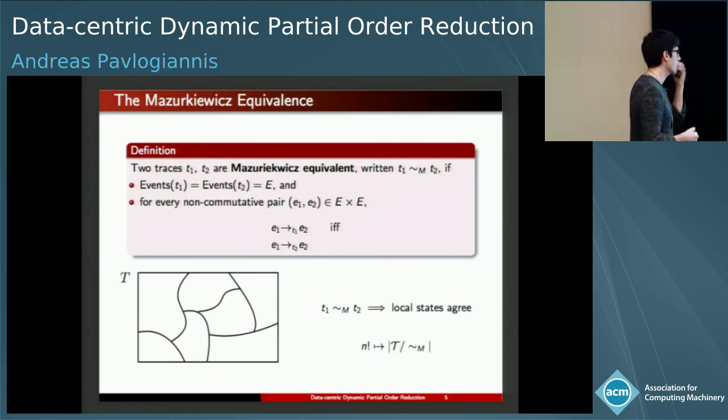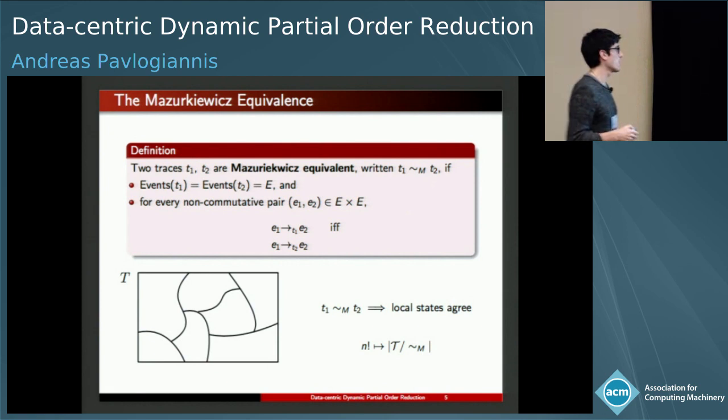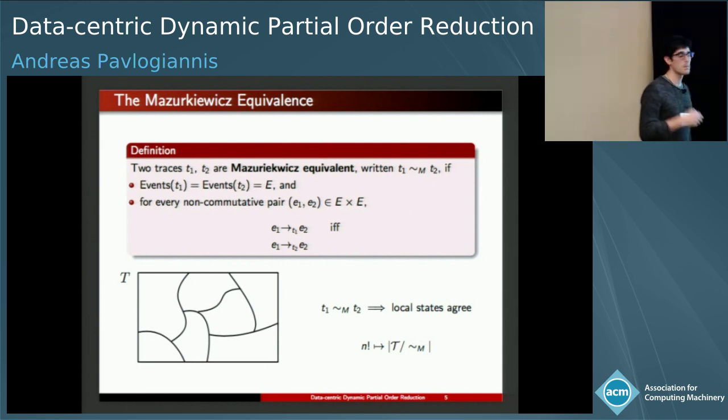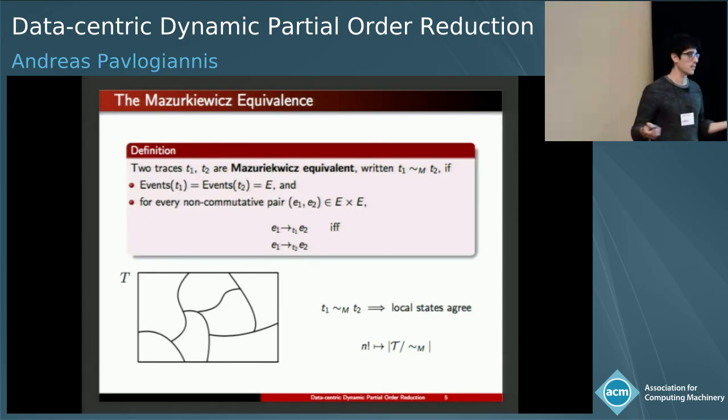Pictorially here we have our trace space, and we partition it into a number of classes using this equivalence. And we know that partitioning is sufficient for our purposes, meaning that you can simply pick a random representative in each class, and whatever conclusion you make about that trace carries over to the whole class.